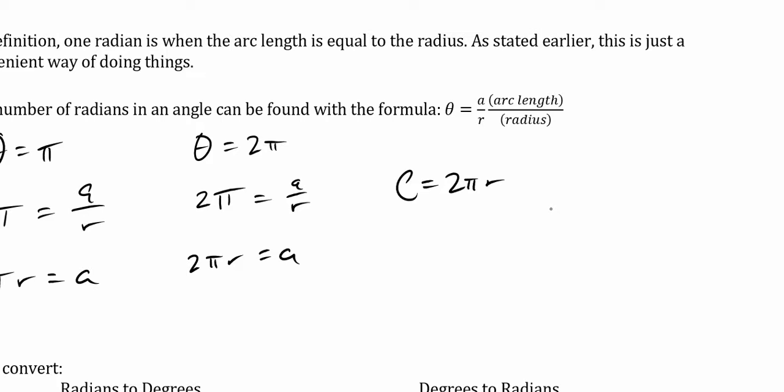If 2 pi equals 360 degrees, divide both sides by 2, pi is equal to 180 degrees. Pi in radians is the same as 180 degrees. Equivalent sizes. What do you think? Any questions so far?